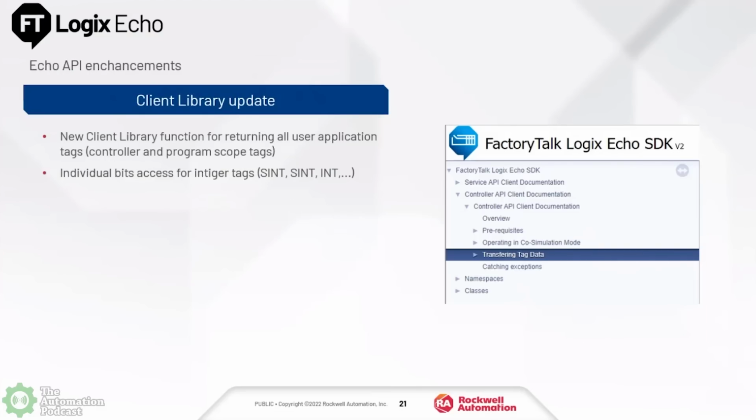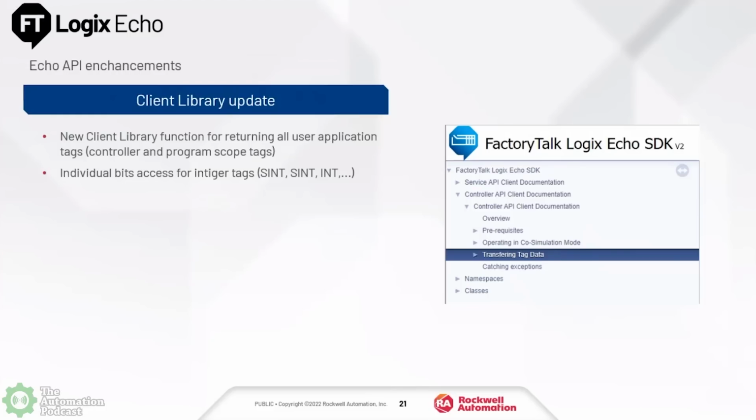In the API, there's not a lot that's changed, but I do want to mention we have new client library functionality. This is going to allow for all controller and program tags to be used. And me being a nerd, this is probably the most exciting thing for me.